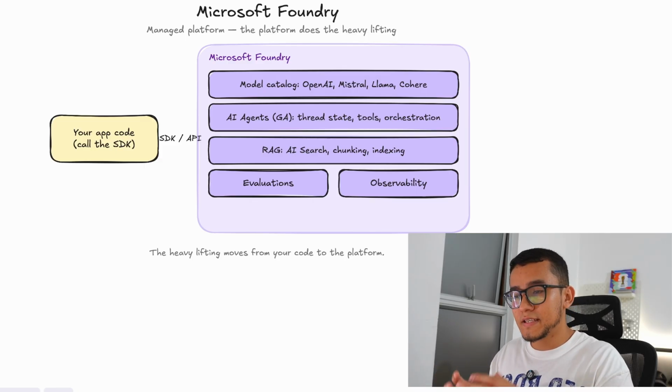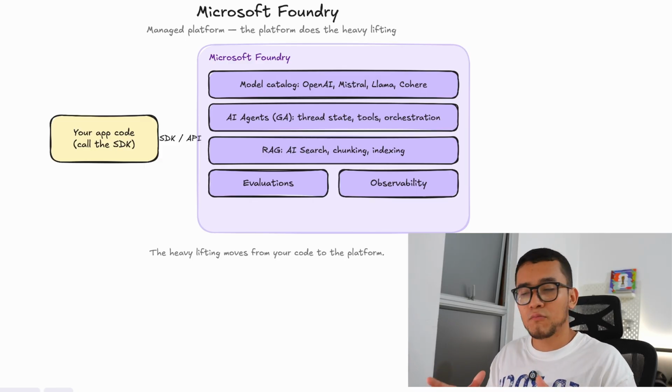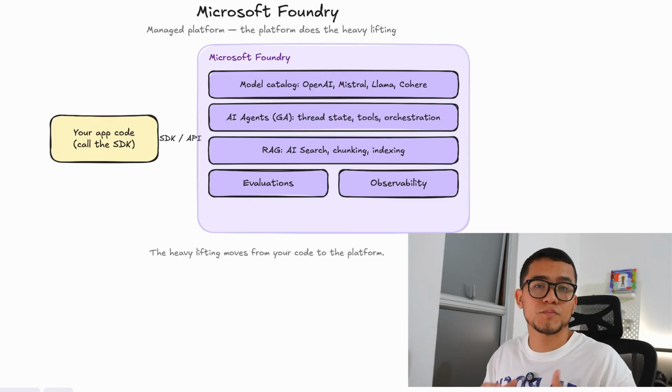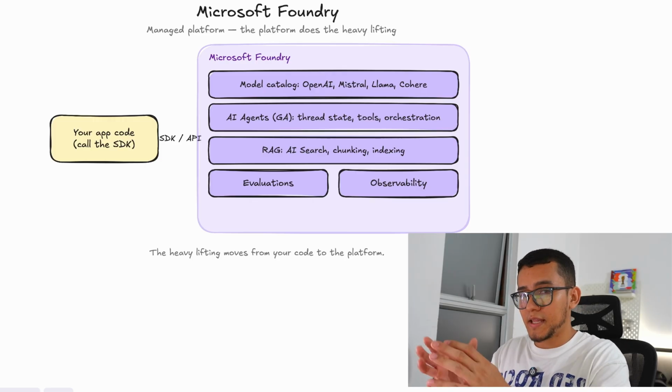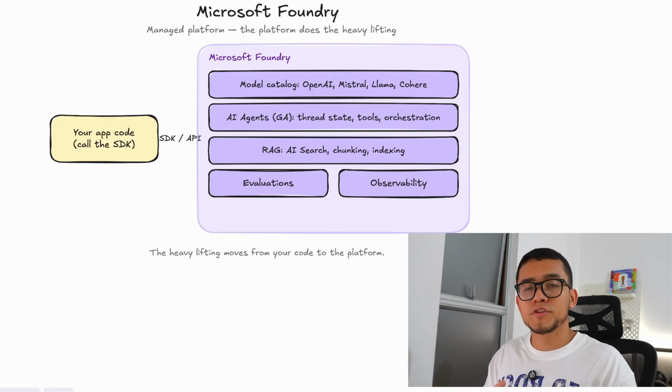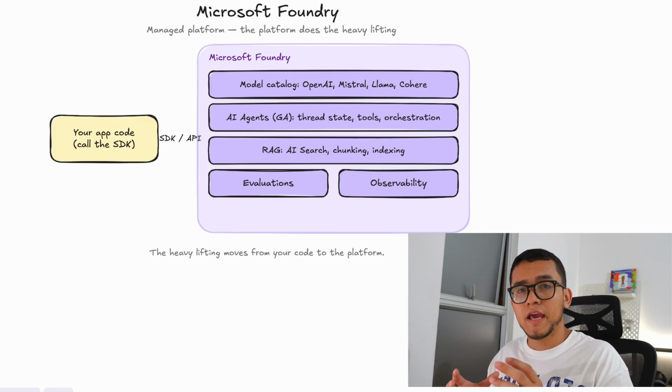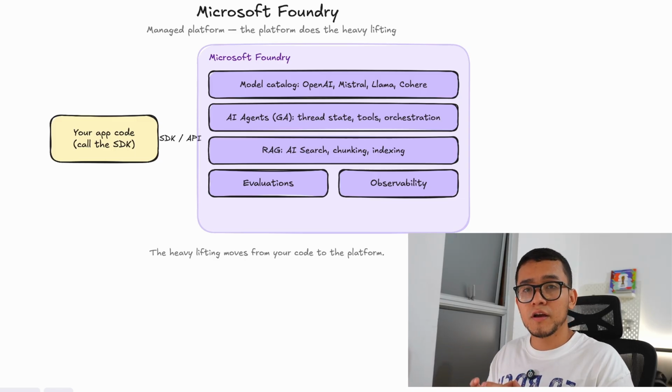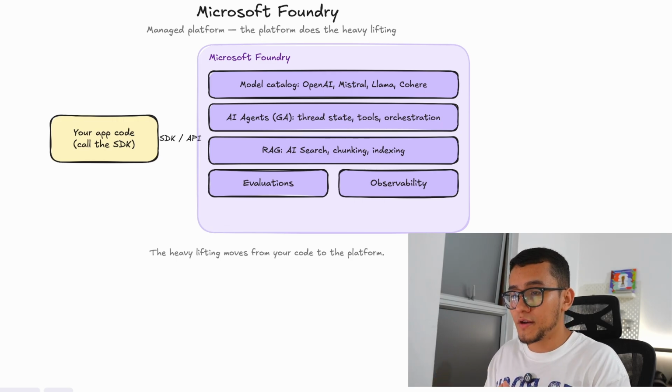And finally, if you need a single governance surface for all your AI workloads that spans across multiple models and teams, this is the right tool, because we can have multiple Foundry projects per team, and we can have at the hub level RBAC controls and networking setup. A quick note here is that Foundry doesn't replace Azure Machine Learning for custom model training. If you need to train your own model on your own data, manage experiment tracking, or run distributed training jobs, that's Azure ML, not Foundry.